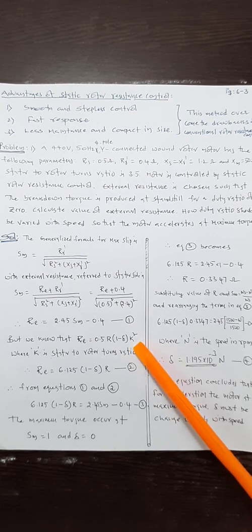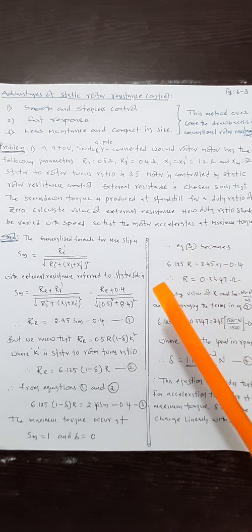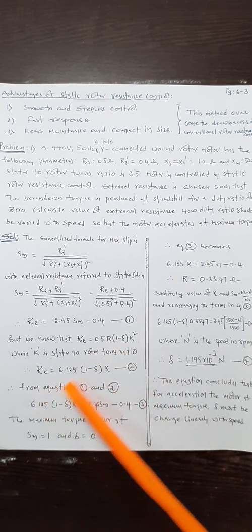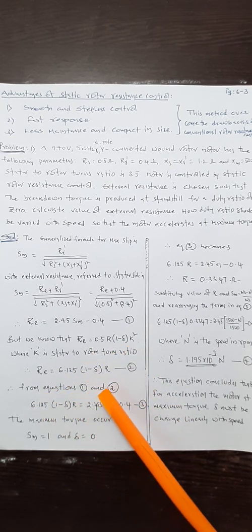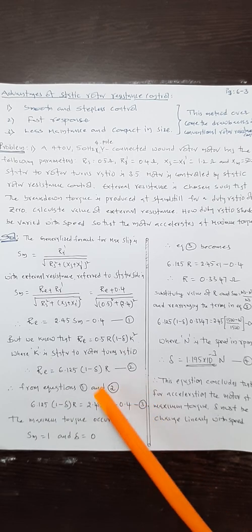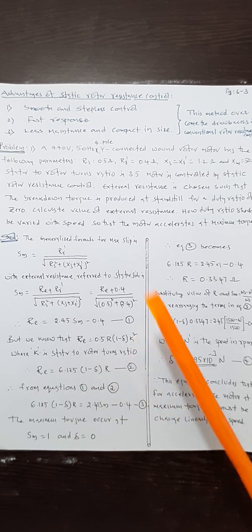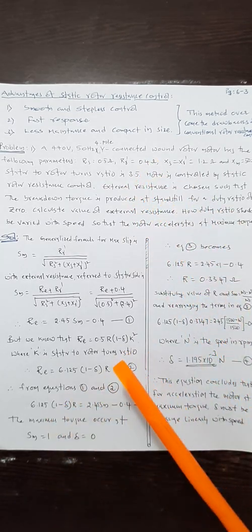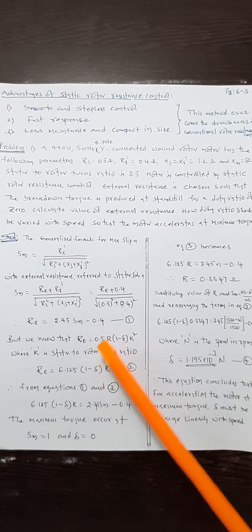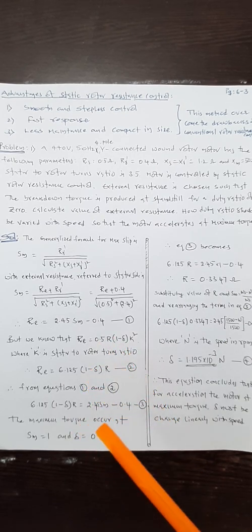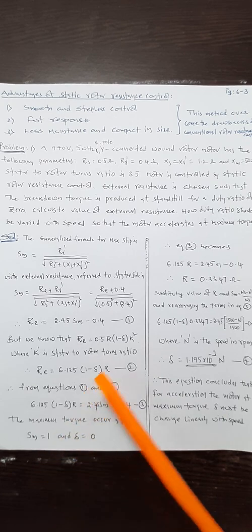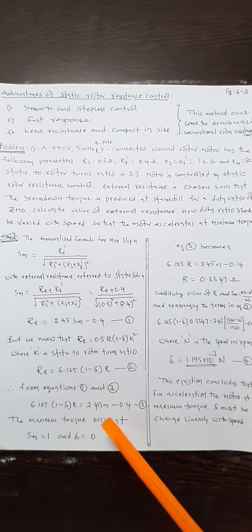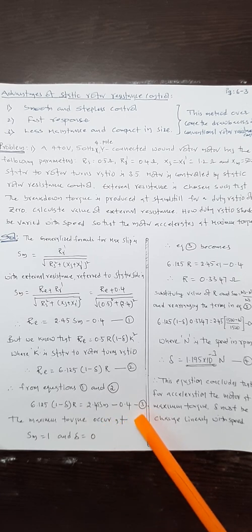That is why it is K square while converting rotor parameters into stator. So Re is equal to 6.125 into (1 minus delta) into R. This is equation number 2. Because K square is 3.5, this is to be substituted here. From equations 1 and 2, both are the external resistance Re. Equating those two, 6.125 into (1 minus delta) into R is equal to 2.45 Sm minus 0.4. This is equation number 3.